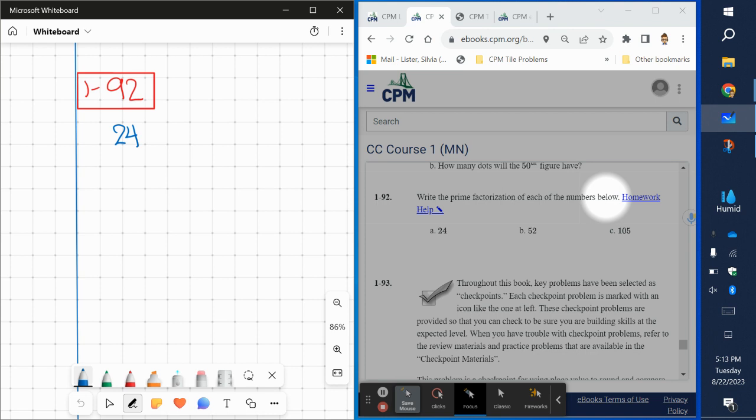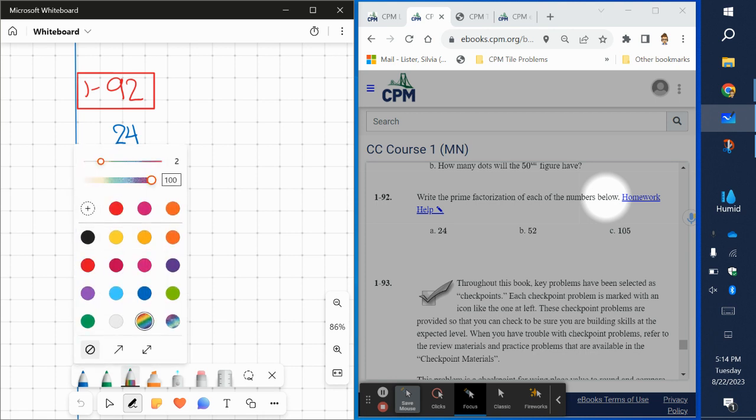Well, this number is 24, and you can start with any numbers you want. And I want to keep factoring until I end up with all prime numbers. A prime number is a number that only has 1 and itself as the factor. So if that's something you don't remember, that's something we should write down.